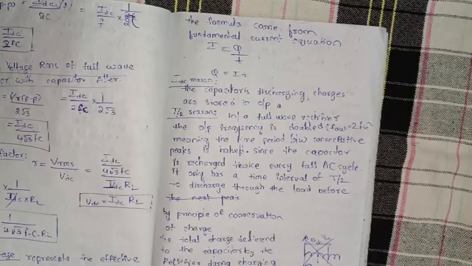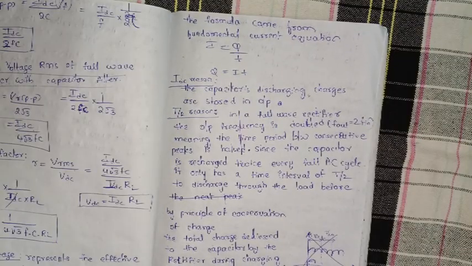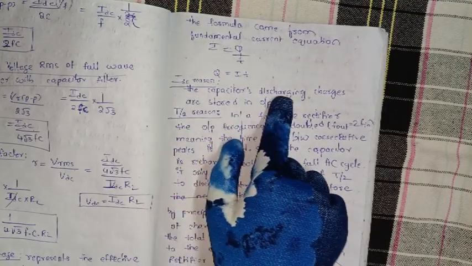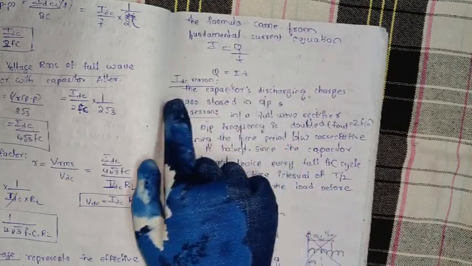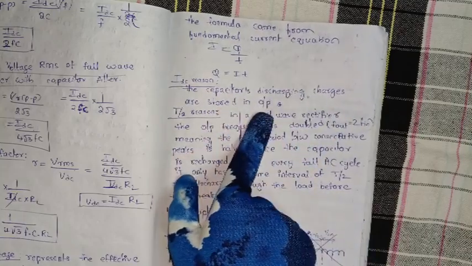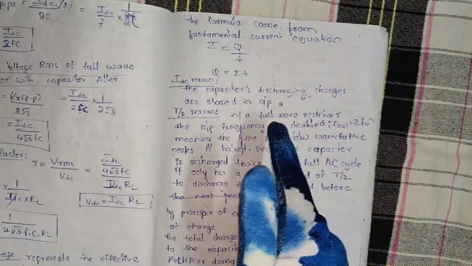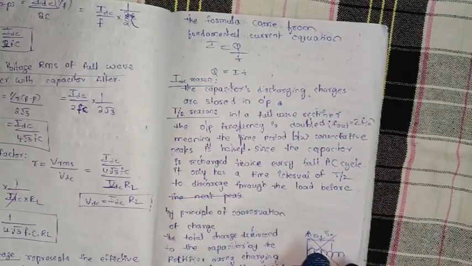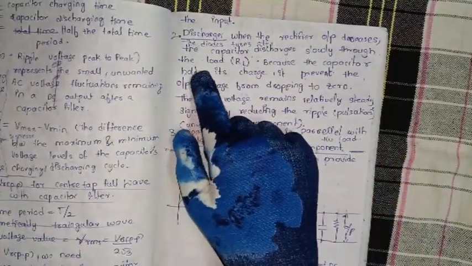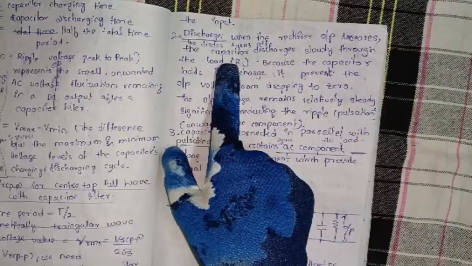Why have we taken IDC in place of I? Because the capacitor's discharging charges are stored in the output. We all know this, because we have studied here that the capacitor discharges slowly through the load.